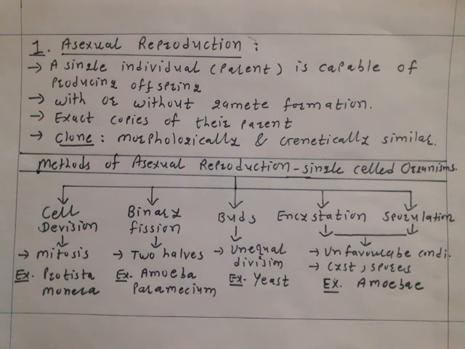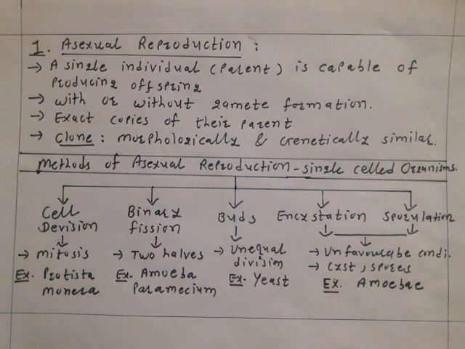During asexual reproduction, various processes are observed in living organisms. Generally, asexual reproduction is very common in lower organisms. In single cell organisms also, asexual reproduction is an essential event of their life cycle.